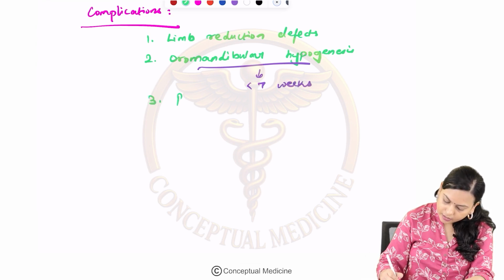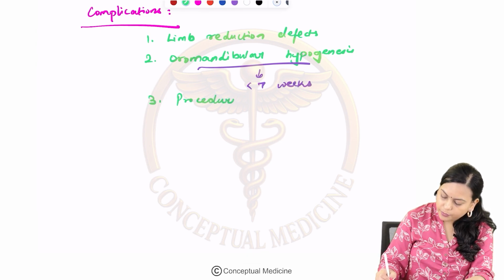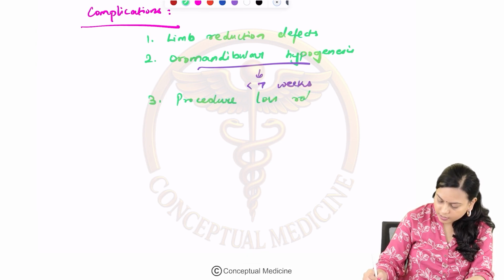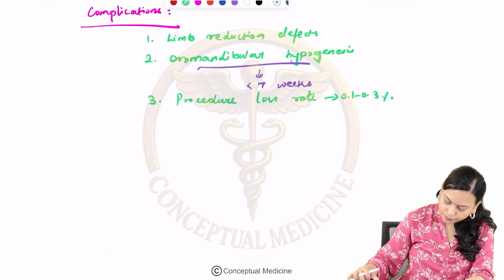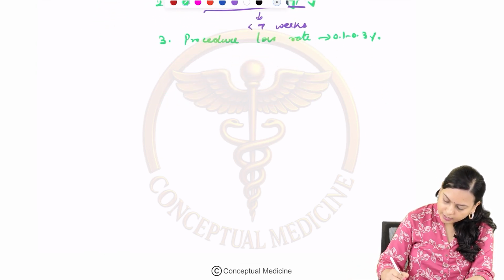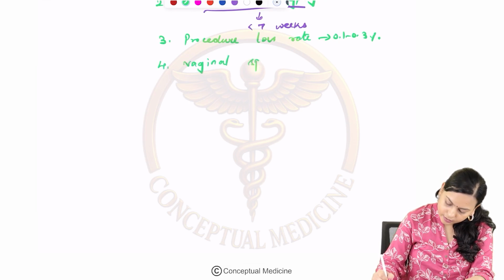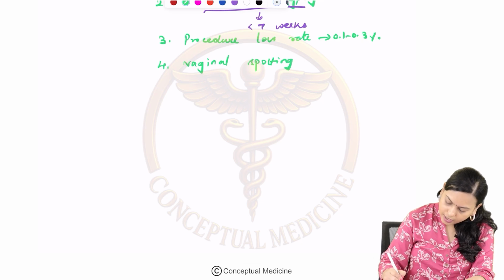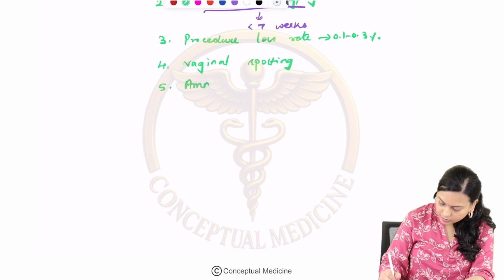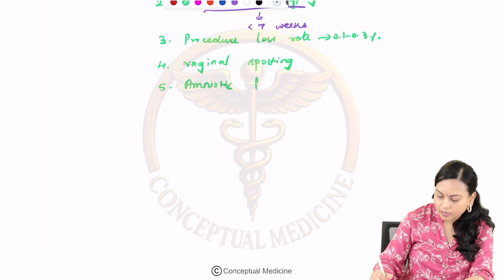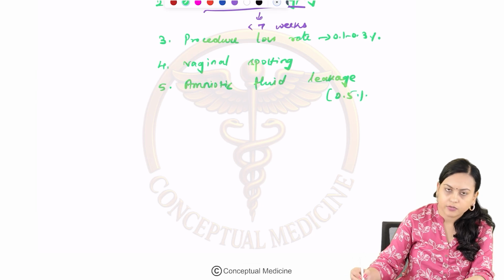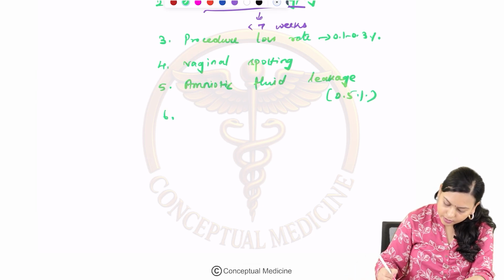The procedure loss rate is again 0.1 to 0.3 percent, and there can be vaginal spotting and amniotic fluid leakage. This can occur in 0.5% of the cases, less than amniocentesis.